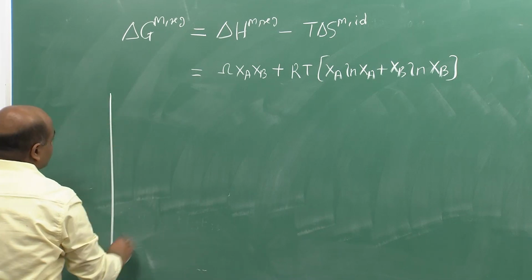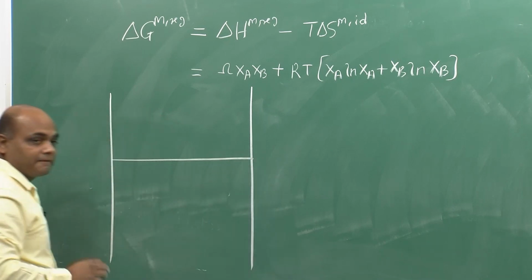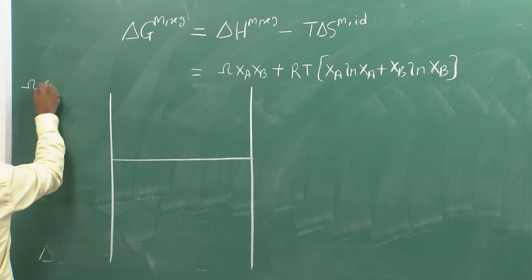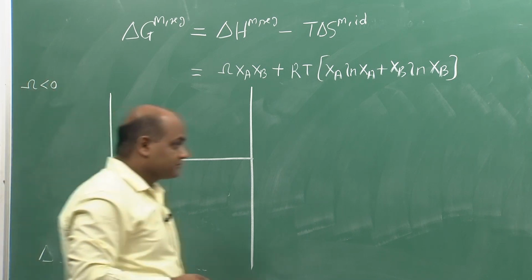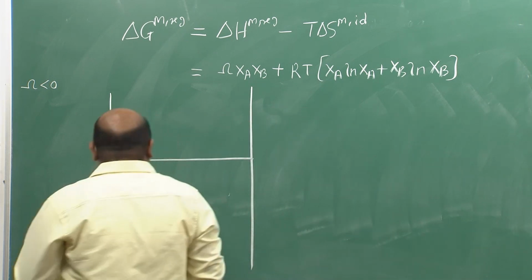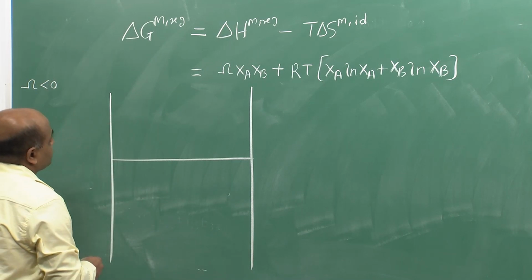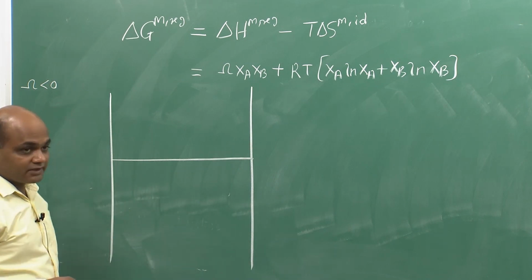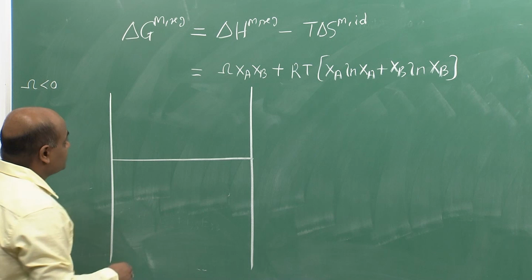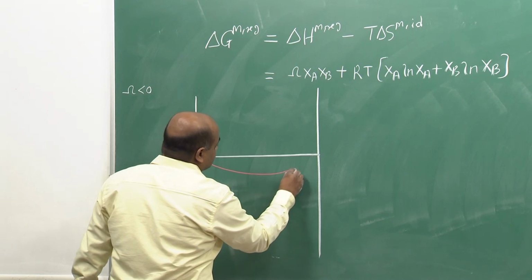Now, if we try to plot delta HM, delta SM and delta GM, when let us say omega is less than 0, delta HM will be negative, right. So omega XA XB has a shape something like this.